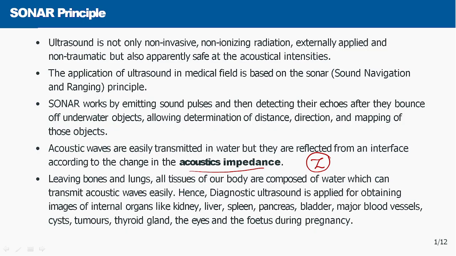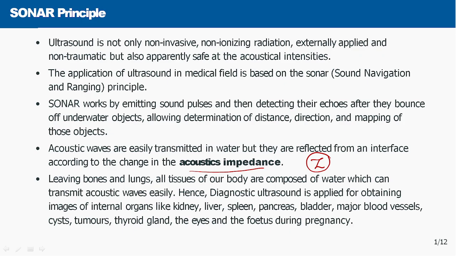In the medical field, acoustic impedance differs from tissue to tissue and organ to organ, like blood vessels and kidney. So different organs have different acoustic impedances. Except bone and lungs, all our tissue is composed of water.